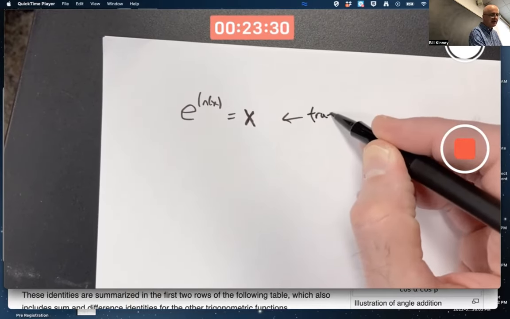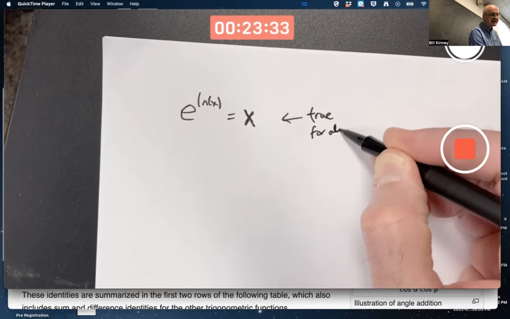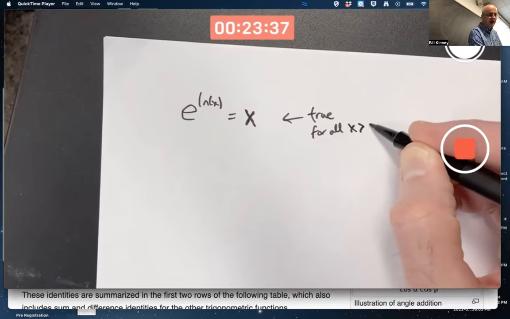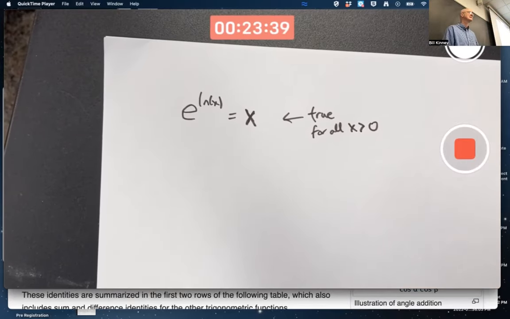It's an identity for all x in the domain of the natural log function, meaning for all positive values of x. It's the definition of ln of x that makes it true, because ln of x is the number that e must be raised to get x. So if you raise e to the ln of x, you get x. It's true by definition.